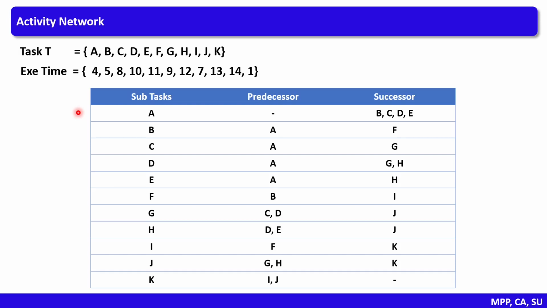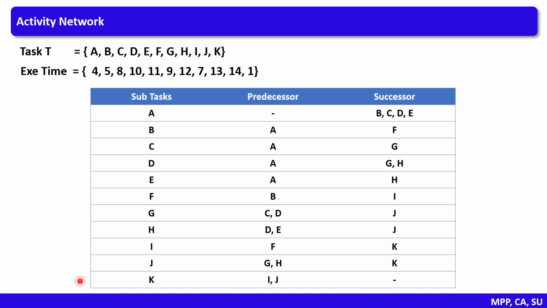Now here we have a tabular representation that highlights the predecessors and successors of the various listed tasks. For example, task A does not have any predecessor, but it has 4 successors B, C, D, and E. Likewise, task D has 1 predecessor A and 2 successors G and H. Likewise, H has 2 predecessors D and E and 1 successor J. Likewise, K has 2 predecessors I and J and no successor.